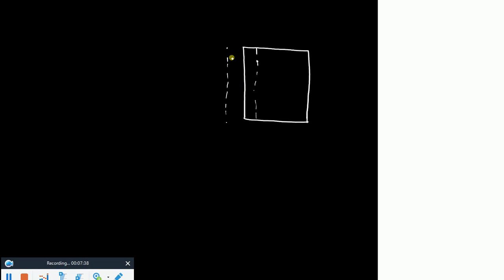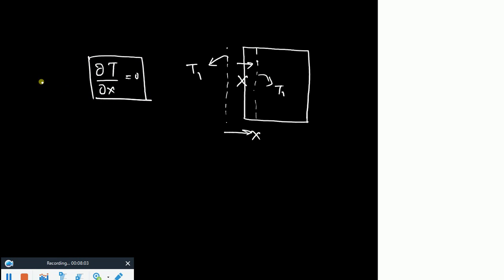My point is, if this temperature is T1 and this temperature is also T1, would there be any heat transfer across this surface? Not at all. So that means if this direction is x, partial T by partial x would be 0, isn't it? Across this surface, partial T by partial x would be 0. Now this is the same mathematical representation as you have in the insulated boundary condition.